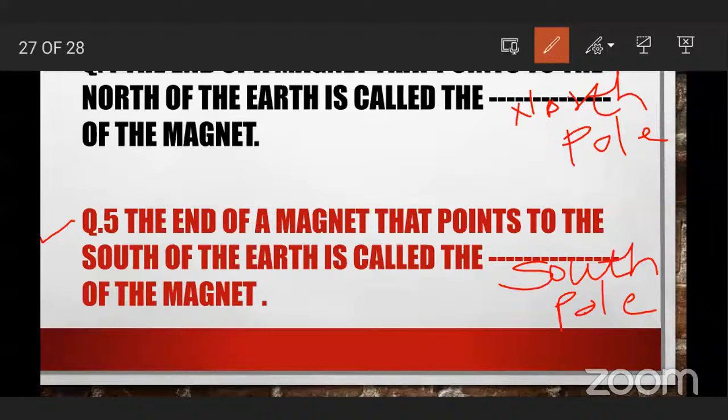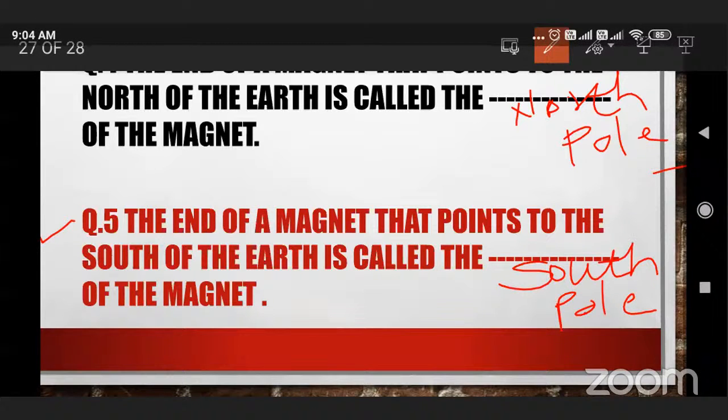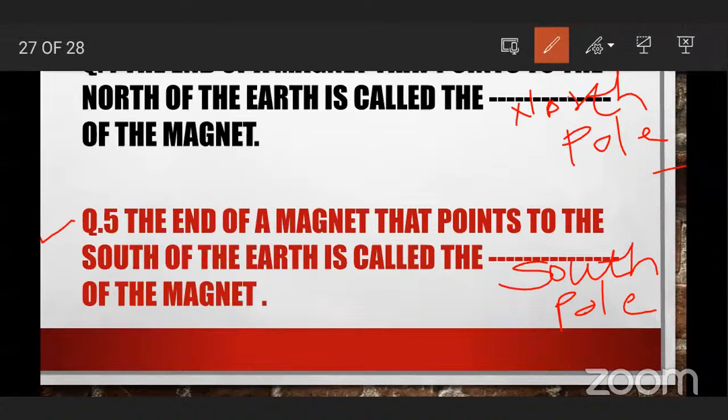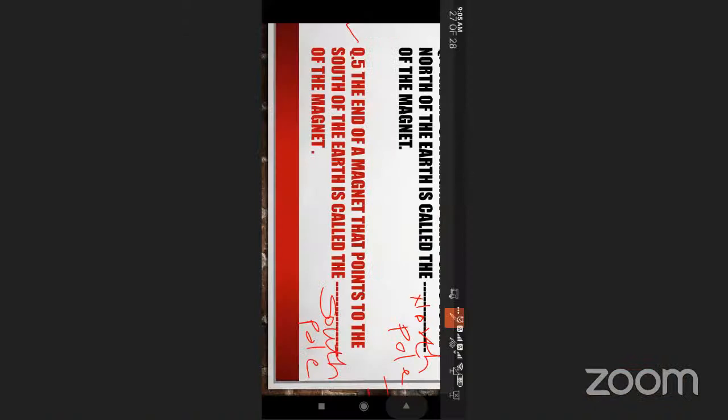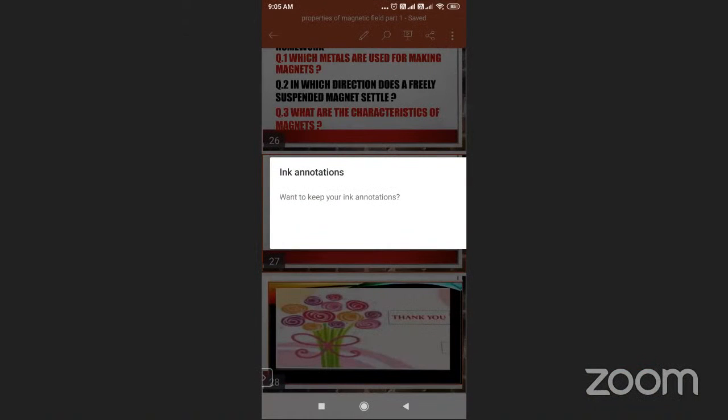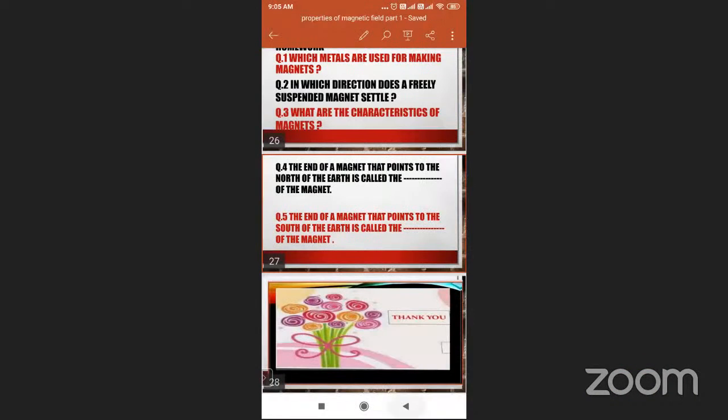And tell me two methods of magnetization. Which two methods did we study? The single touch method and the double touch method. Yes, very good.